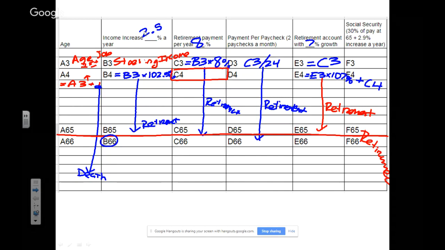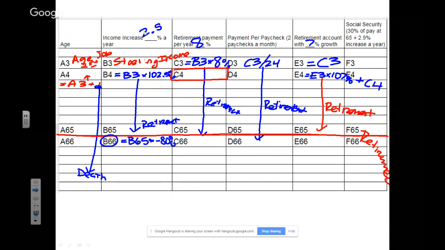80%. So this is going to equal B65 times negative 80%. Because you are no longer making money, you are now just spending it. Negative 80%. And that's 80% because that's a percentage that Raylan gave us. So it could be 75, it could be whatever the directions say.